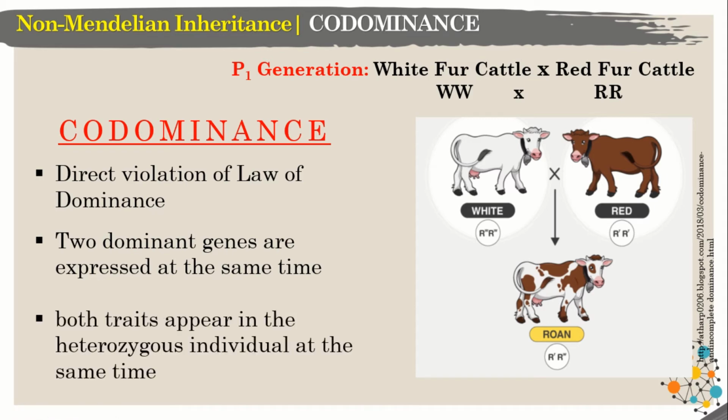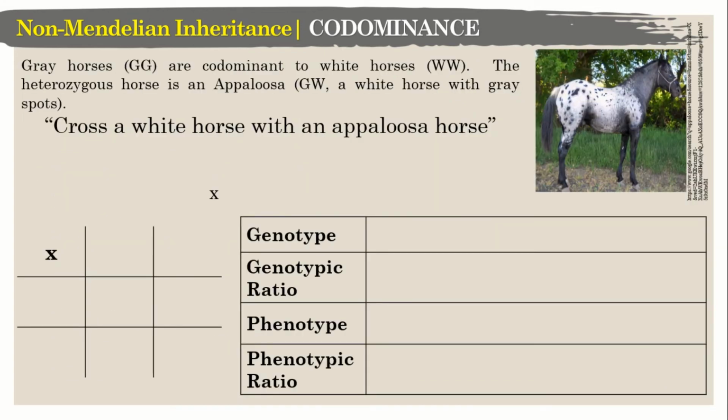So, both alleles appear in the heterozygous individual at the same time. So, it is still called a hybrid. When there are two of the same W, that means this one is for pure white. And then, when there are two R, that means that is for pure red. Okay, example.